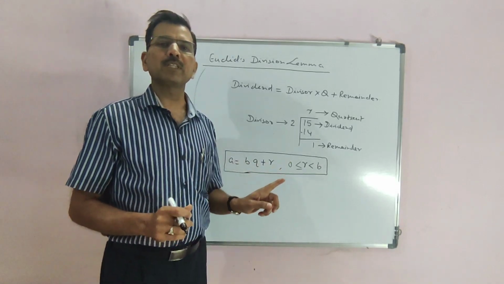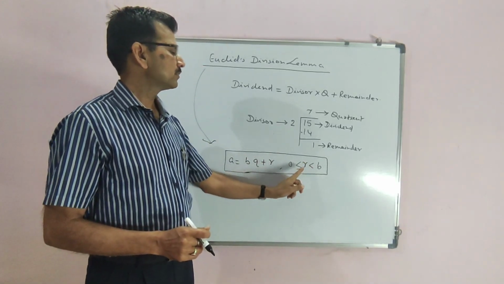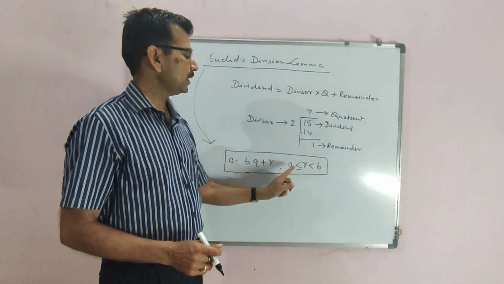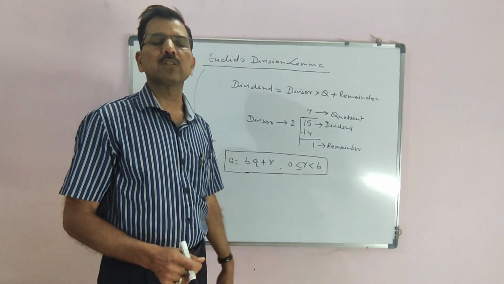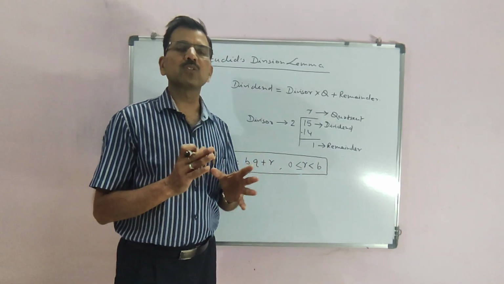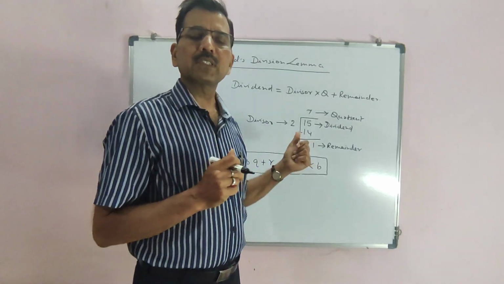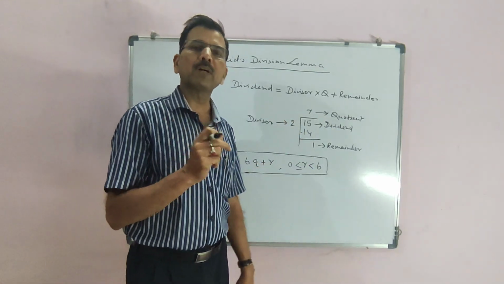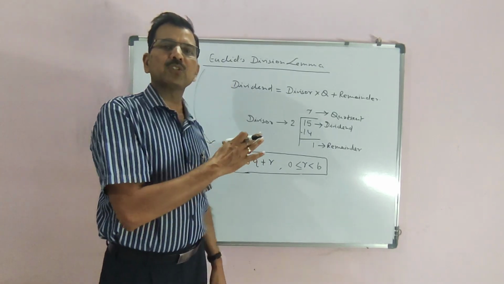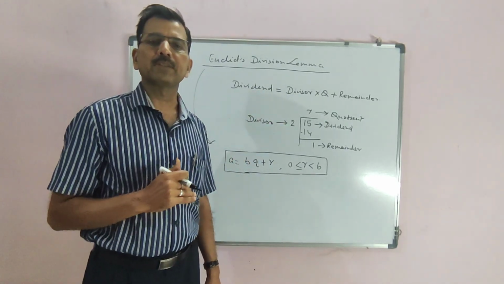A equals to BQ plus R, where R satisfies the condition that it is less than B but greater than or equal to 0. So this statement also should be there in the mind, children, because sometimes for 1 mark it is asked to state the Euclid division lemma.